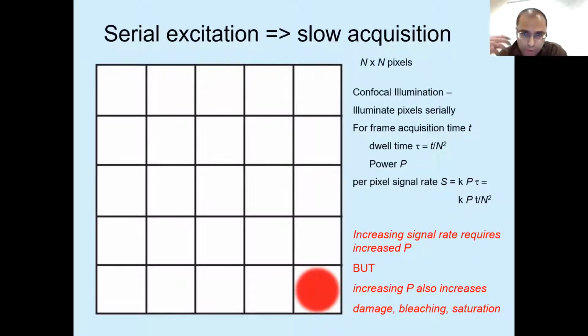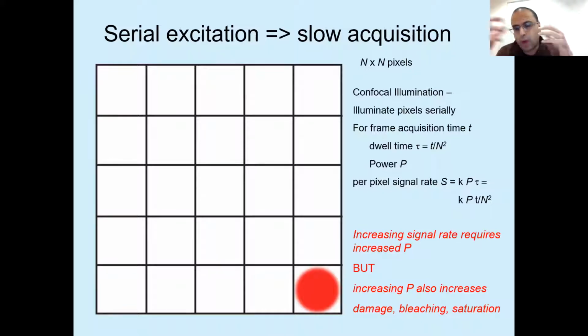And so that means that if you put in the same amount of power as in our wide field microscope, now each pixel is only giving us a fraction of the amount of signal as the wide field microscope, right? We cut our signal rate by this factor of the number of pixels, n squared. And so what that means is that for the same overall time t it takes to acquire the overall image, our per pixel signal to noise ratio has just been cut by the number of pixels.